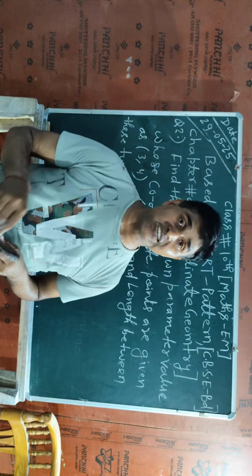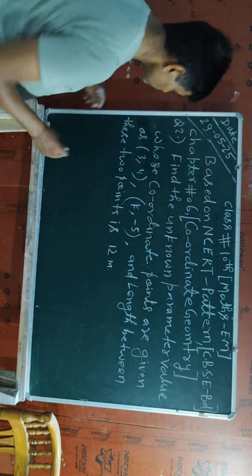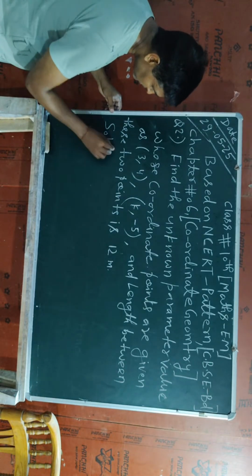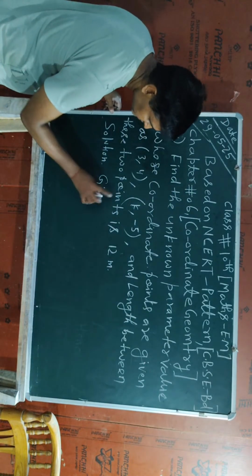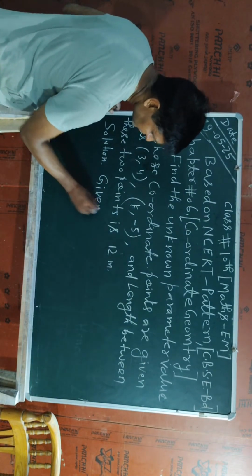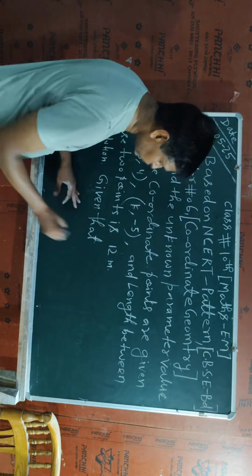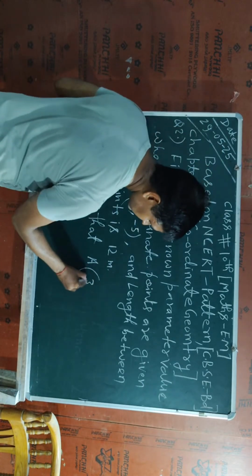This is very easy. I will use the distance formula for calculating its value. So here I will write the solution. After writing the solution, I will write given that. I will put one point A whose coordinate is 3, 4.